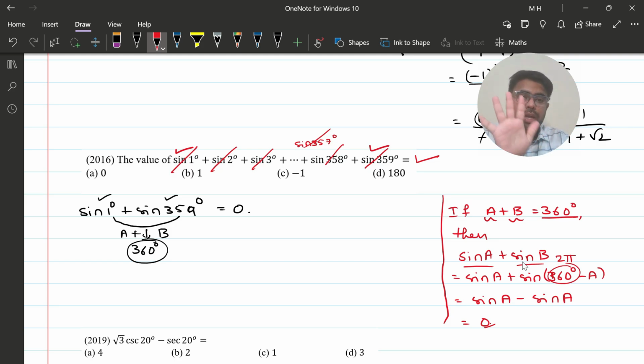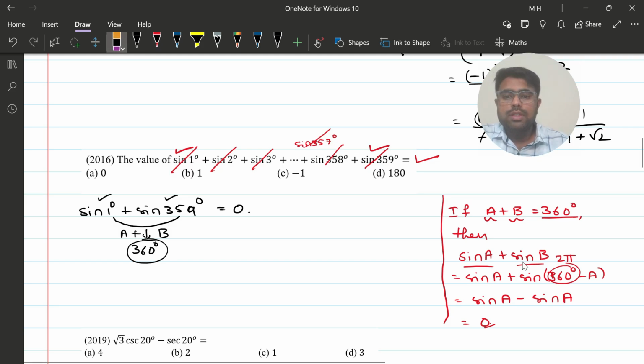If we have an odd number of terms, I'm going to get a term in the middle, so it is going to be the value of that middle term and not always 0.